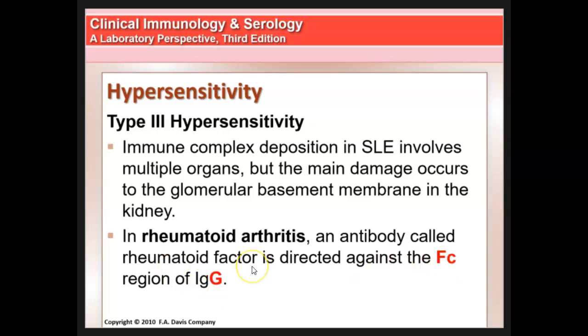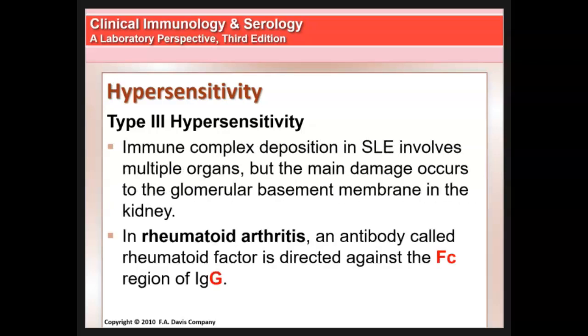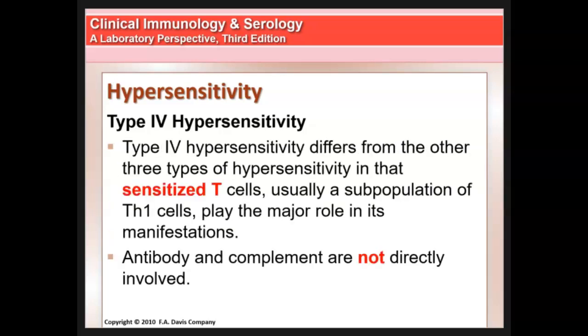So the rheumatoid factor is this antibody of IgG against the Fc region of your own IgG antibodies. It's just crazy. Complement enhances tissue destruction in both of those diseases, both lupus and rheumatoid arthritis.